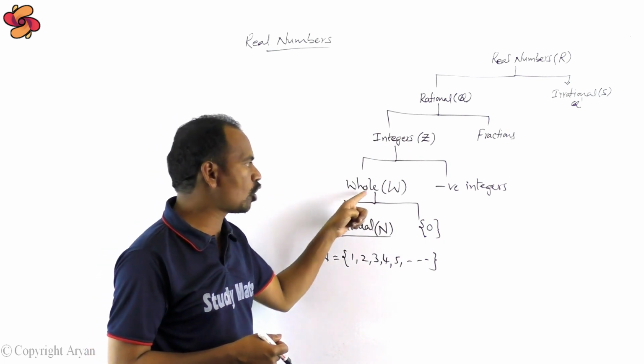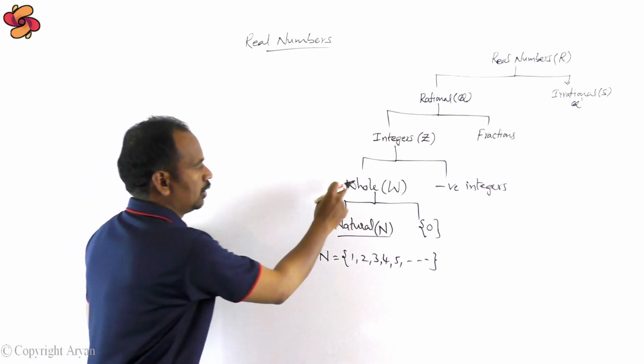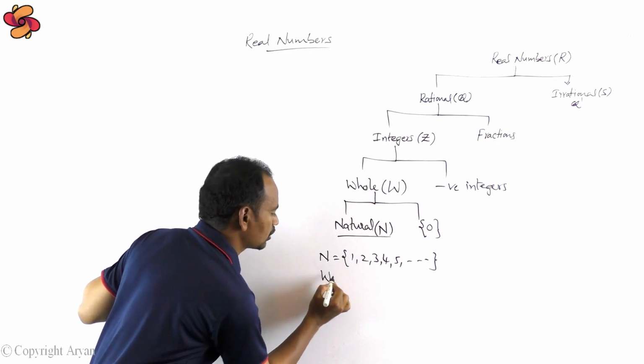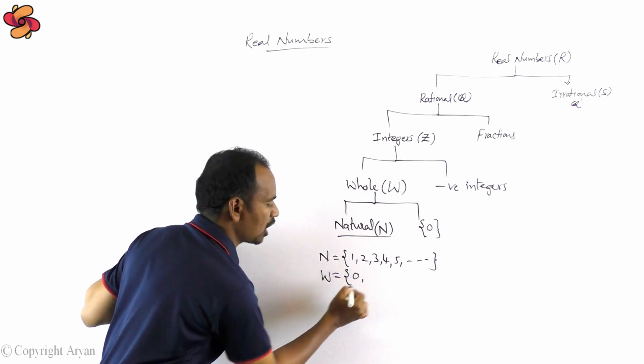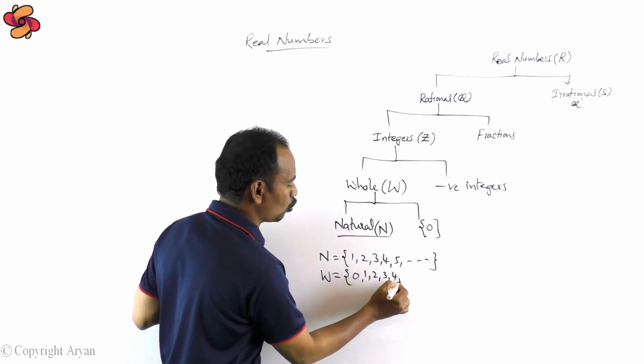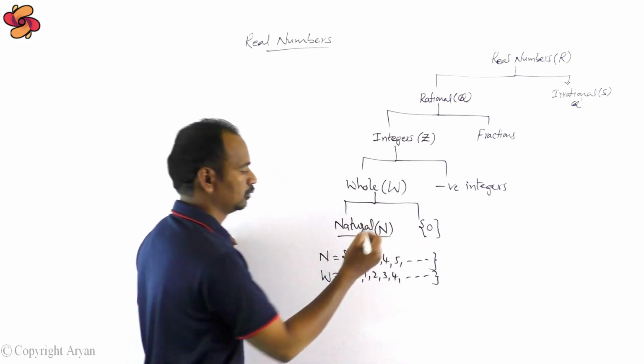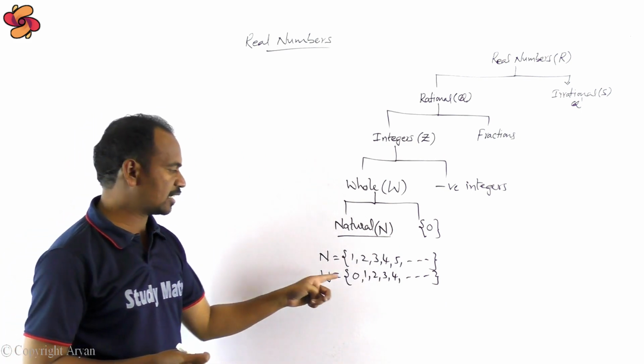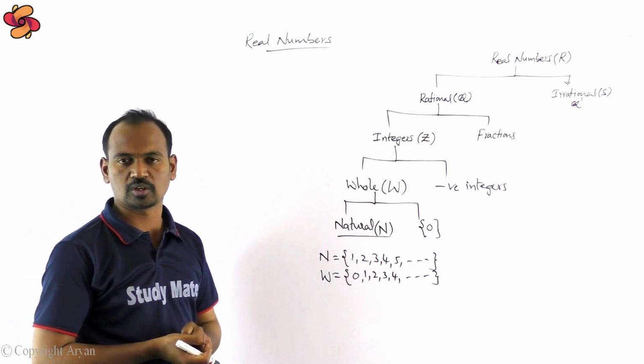So coming to the whole numbers. The set of whole numbers starts from 0 onwards: 0, 1, 2, 3, 4 and so on. Here the set starts from 0 onwards.